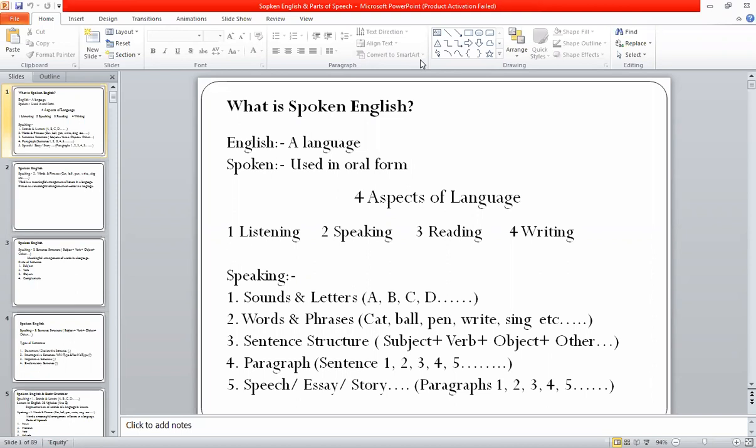And at the very last, we are told to speak or to practice speaking within ourselves. So speaking is the most important aspect, but it comes after listening.